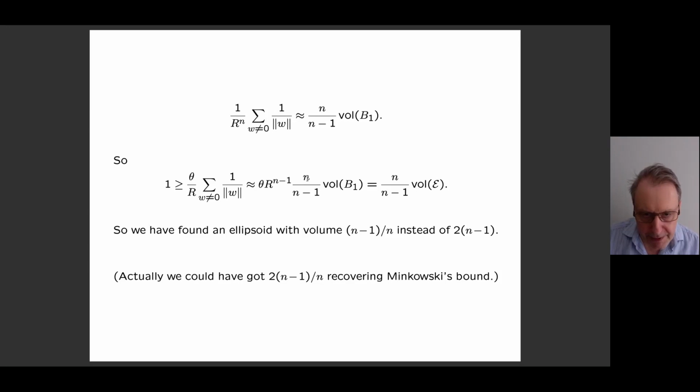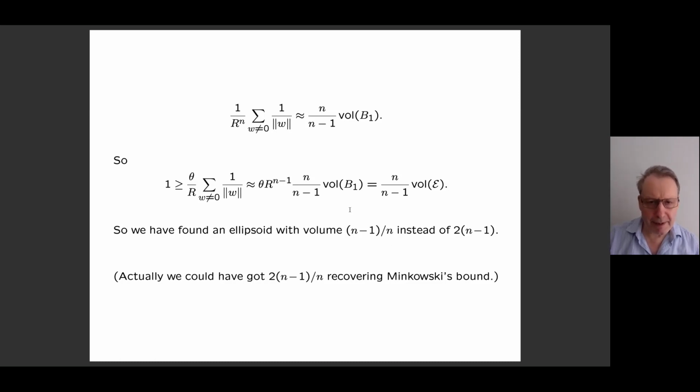So you see these factors here, theta r to the n minus 1 and volume of b1, just gives you the volume of the ellipsoid. And so whatever theta we want to cook up, what we actually end up with is this, that the volume of the ellipsoid is n minus 1 over n. Well, we were trying to find an ellipsoid, if you remember, whose volume was at least 2 times n minus 1, an ellipsoid containing no integer lattice points, whose volume was 2 n minus 1 rather than this thing here. So we appear to be wrong by a factor of 2n.